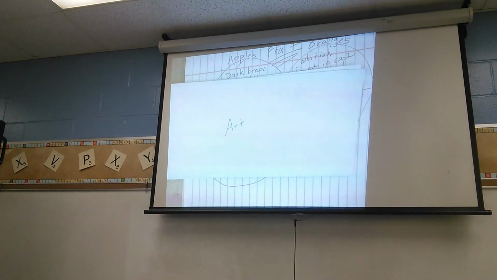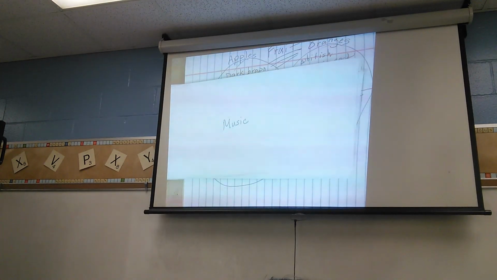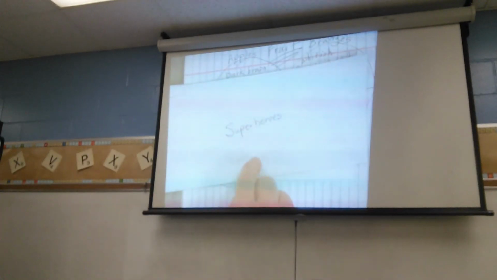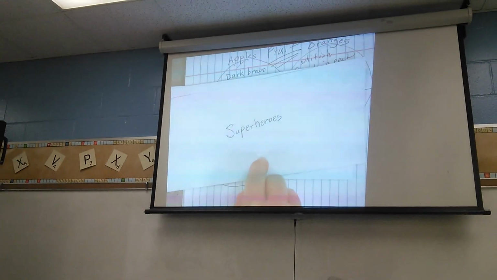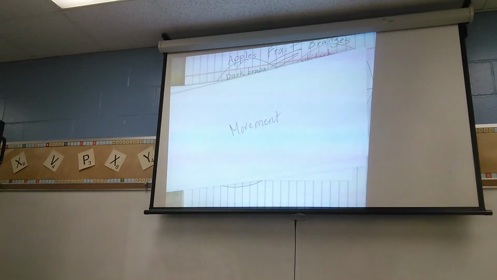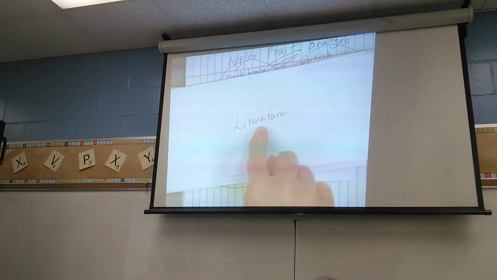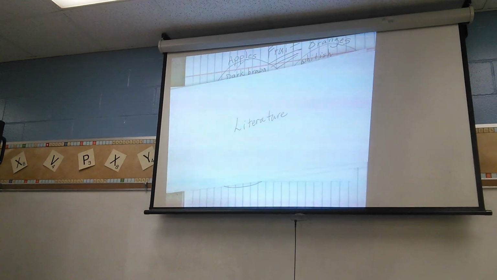Two different types of art. Two different types of music or musical instruments. It could be that too. Inside this envelope are the names of two superheroes. This is movement, how you move. Literature is going to be like genre of writing.